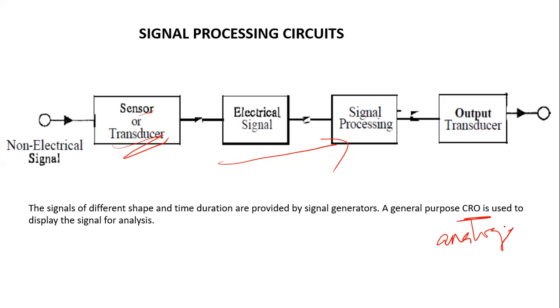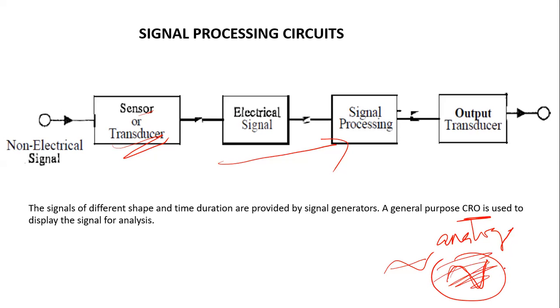So the CRO receives analog data only, and that small analog signal is supplied to the deflection plate. When it is processed through the deflection plate, it results in a display of the signal on the phosphor screen of your CRO.